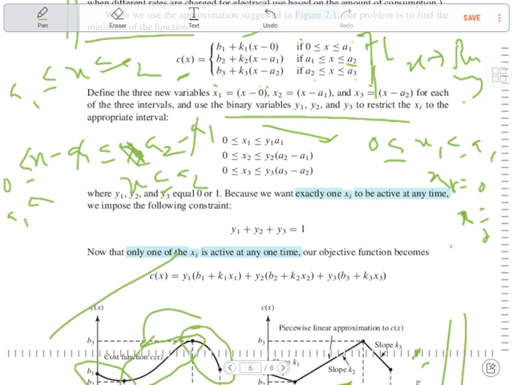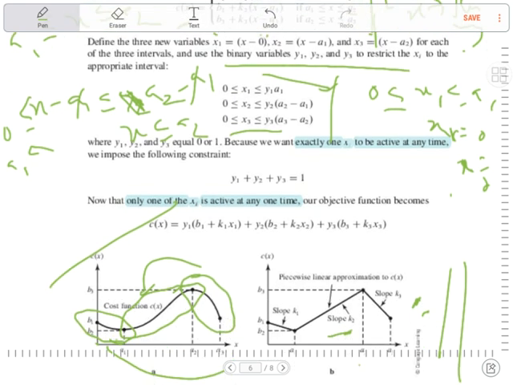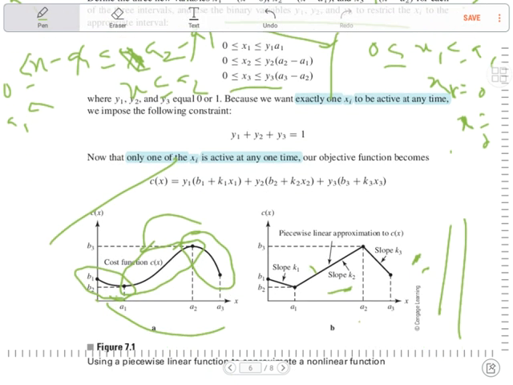Once I write like this, similarly the last one. We want exactly one xi to be acting at any one time. Suppose my point is somewhere here, that means correspondingly in the original curve it is somewhere here, on this increasing part, between a1 and a2 abscissa.